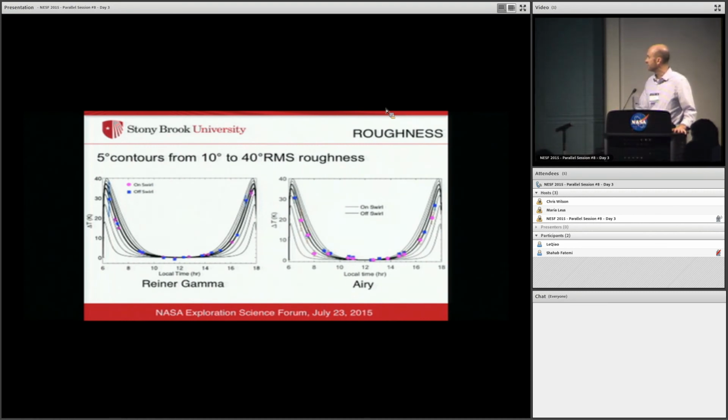And what you see is that there's basically no statistical difference at all in the roughness off the swirl and on the swirl. They plot in this 25 to 30 degree RMS surface roughness area, which is very typical of lunar regolith. So at least these two swirls are indistinguishable in terms of their surface roughness from the general Moon. Okay.